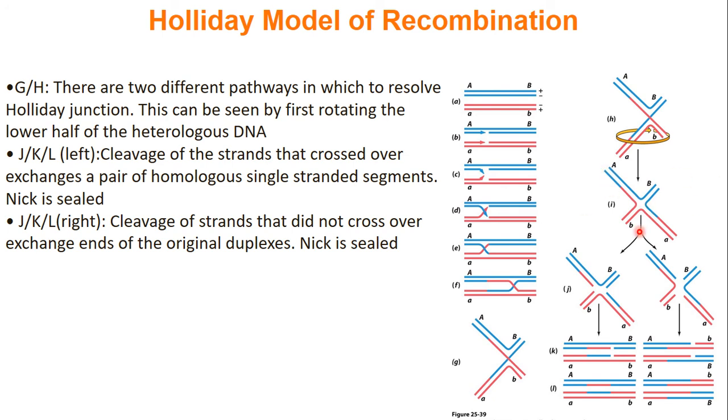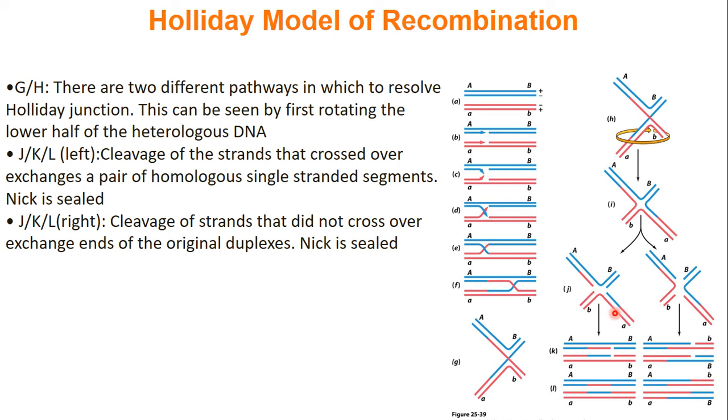It's much easier to think of resolving this in that way. There are two ways to resolve this. One, we cut the strands that crossed over, or we cut the strands that didn't cross over, so that's left and right.